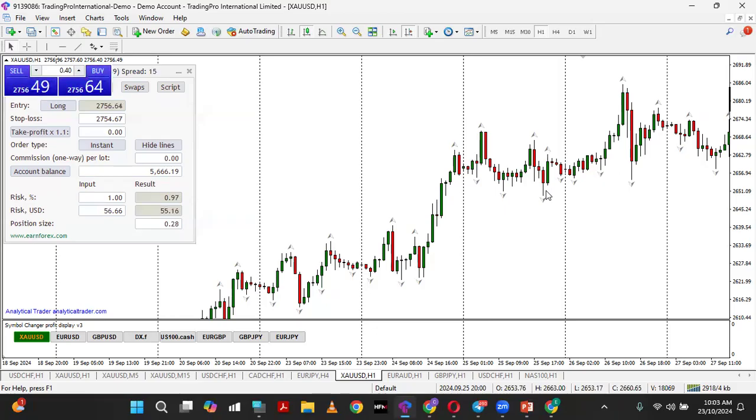So you'll find out that if the market is bullish, you will avoid bearish patterns and only look for bullish patterns. If the market is bearish, you will avoid bullish patterns and only look for bearish patterns.